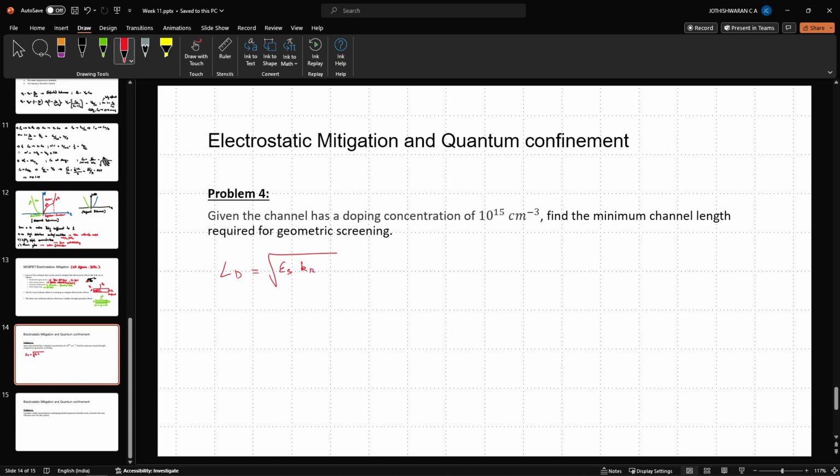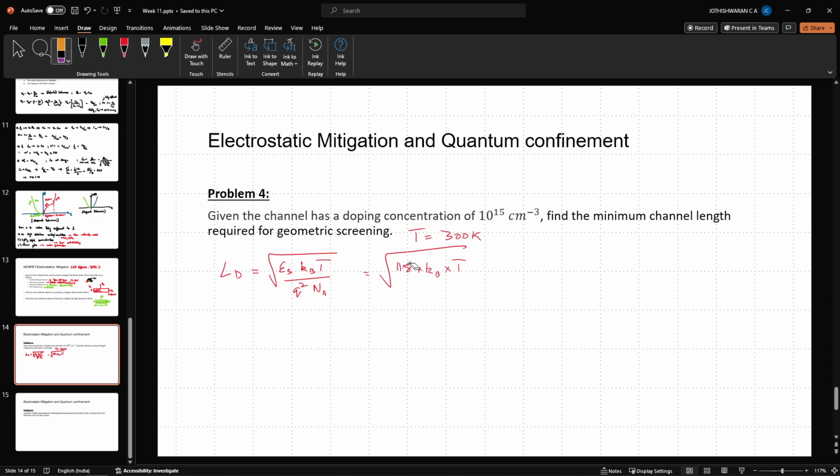The expression is the square root of epsilon kB T by q squared Na. I'm assuming p-type doping, and whenever T is not mentioned, go ahead and assume T to be 300 Kelvin, so very close to room temperature. So this is going to be the square root of 11.8 into epsilon naught into kBT by q.